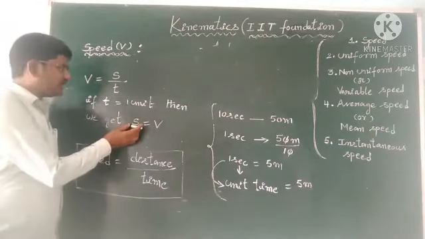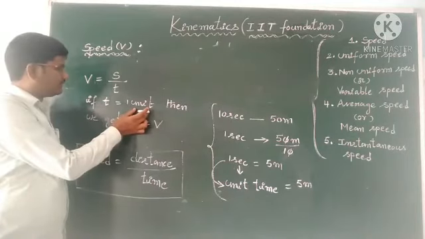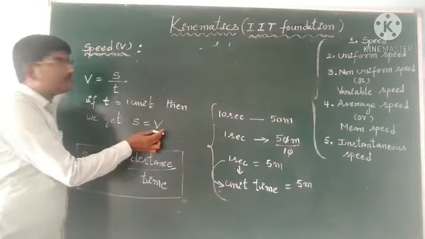So distance traveled in unit time is called speed, you can define.